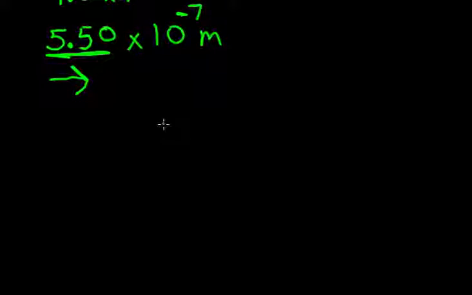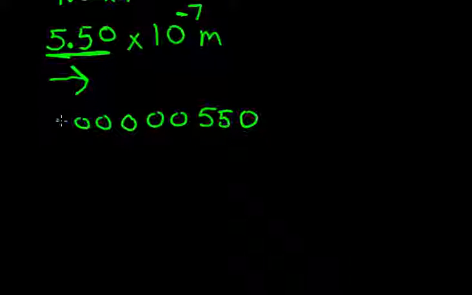So 10 to the negative 7th is a very small fraction of meters. And we can do this by, if we write 550, and put some zeros in front of it. I'm going to put 7. And the decimal place for 550 is here. But the negative 7 tells me I need to make a small number. I need to multiply or divide by 10 7 times.